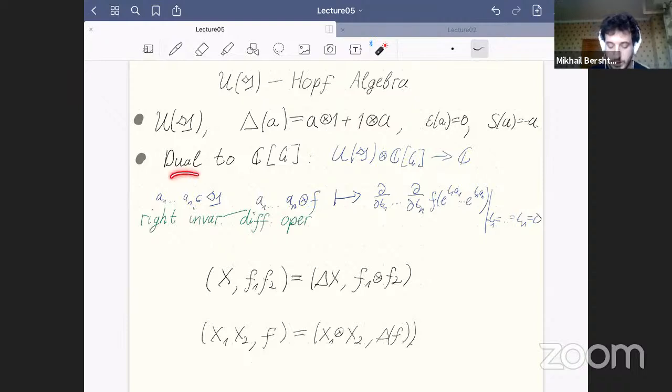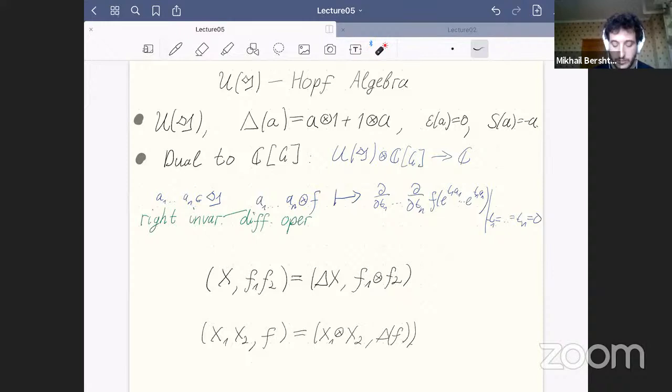The word dual means that this pairing interchanges coproduct in one algebra and product in another algebra. So if we take a product of functions f1 and f2 and want to compute this, instead we can take the coproduct of this operator, delta of x, which is an element of U of G tensor U of G, and compute the pairing between delta of x and these functions.